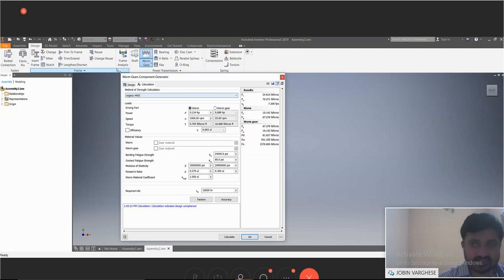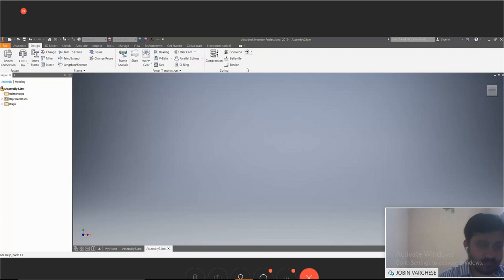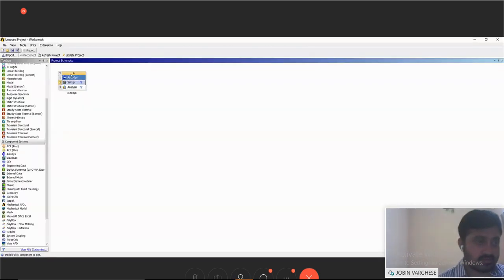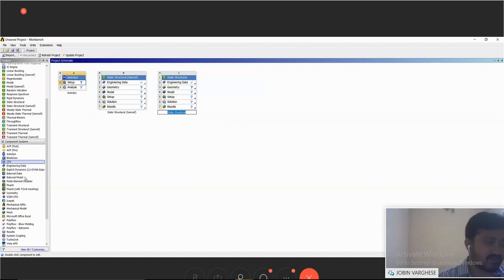In fact, this can also be used to analyze this, and you can use static structural to learn very easily. The static structural part can be used for easy learning. And if you require movements and everything, then obviously we can go to the explicit dynamics session.